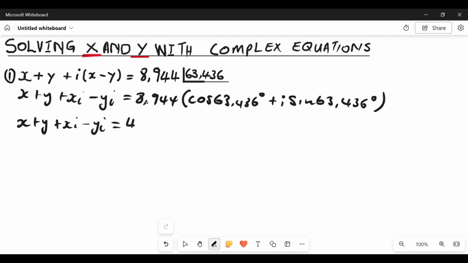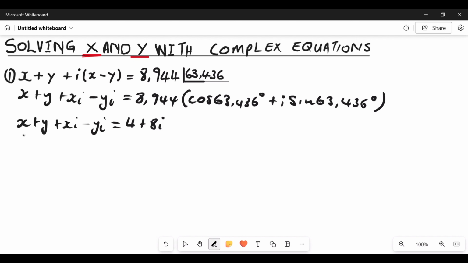Right, now you do the same thing on the next term. This 8,944, you multiply it with this positive i sine 63,436. Now this is going to give you plus 8 imaginary. So basically this is how you actually change from polar to rectangular. All right, so let's continue.